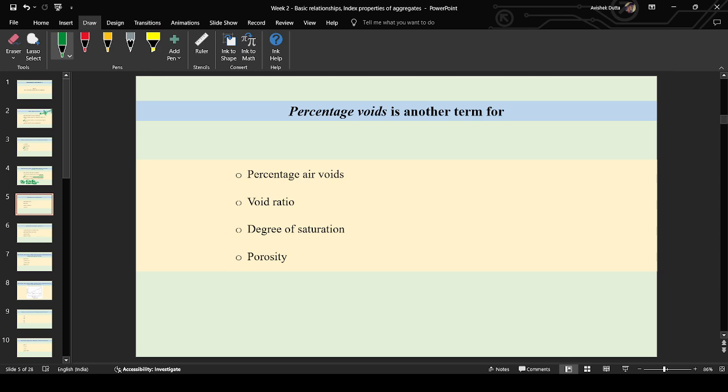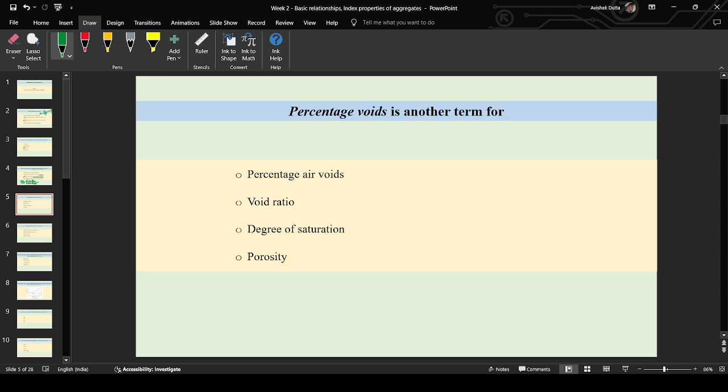Degree of saturation I have said earlier; void ratio is volume of voids by volume of soil solids; and percentage air voids is volume of air divided by total volume. So percentage voids is another term for porosity. Clear? Yes, sir.